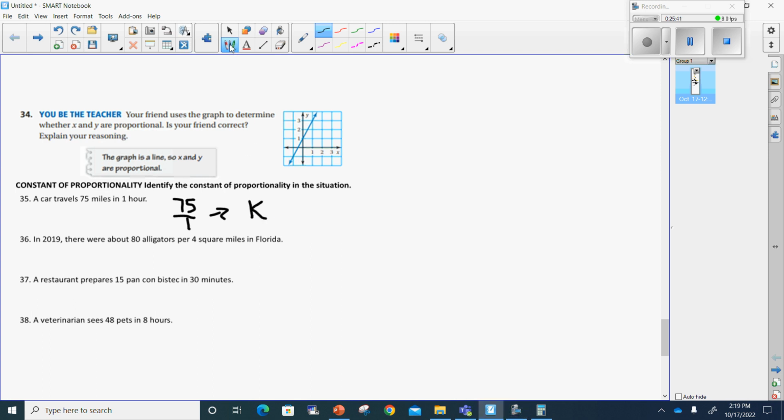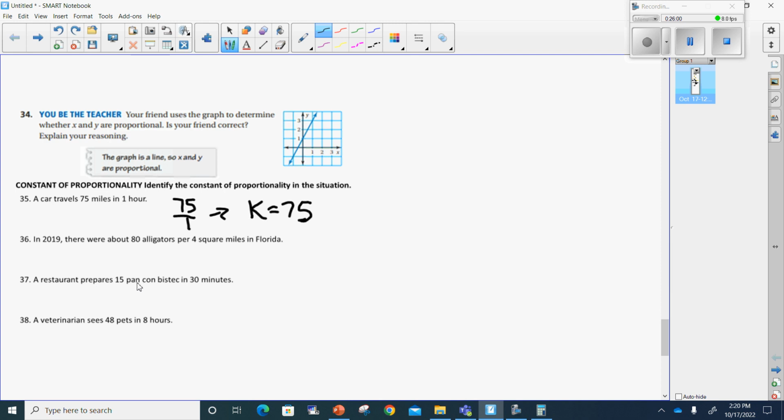But the book wants to call it K. So K equals 75. That would be my constant of proportionality, all right?